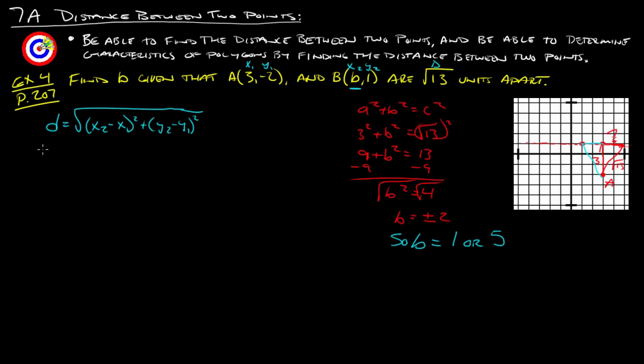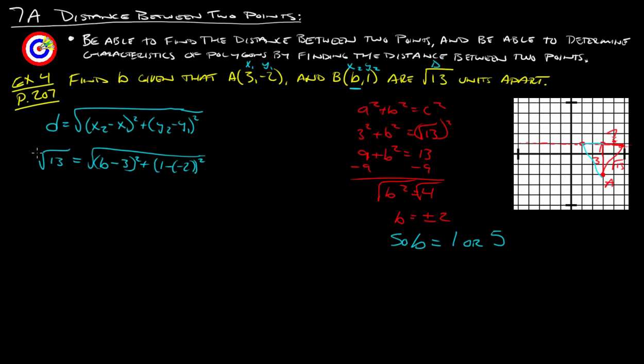Let's plug all those things in. Distance is the square root of 13, which equals the square root of (x2, which is b, minus 3) squared plus (y2, which is 1, minus negative 2) squared.